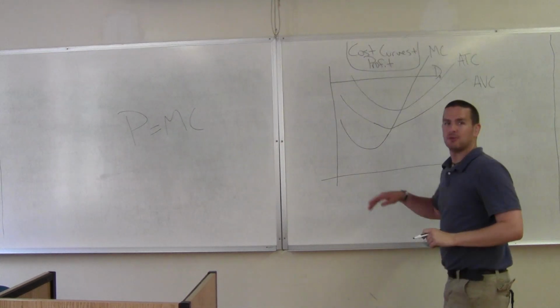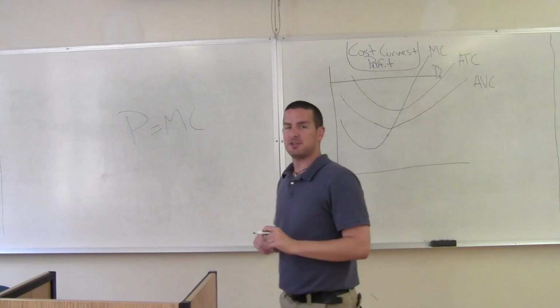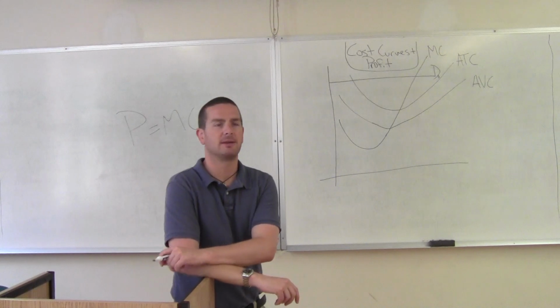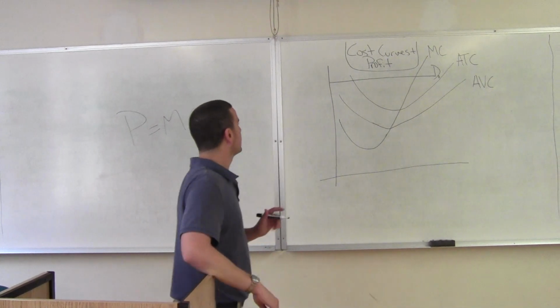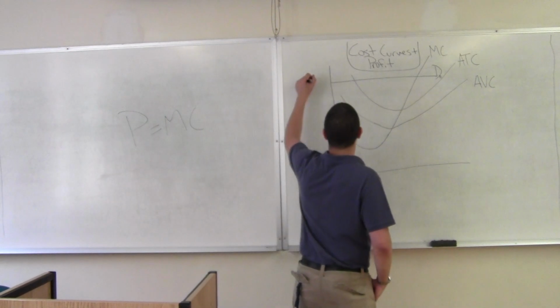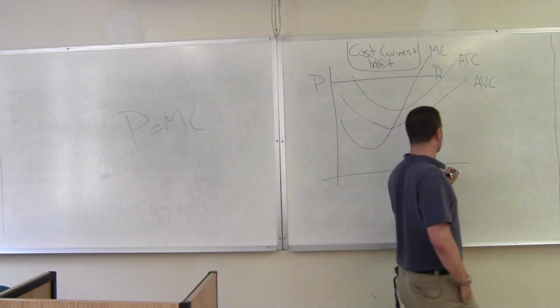Okay? And I wrote a D0 for demand. Here we have this price and this quantity.